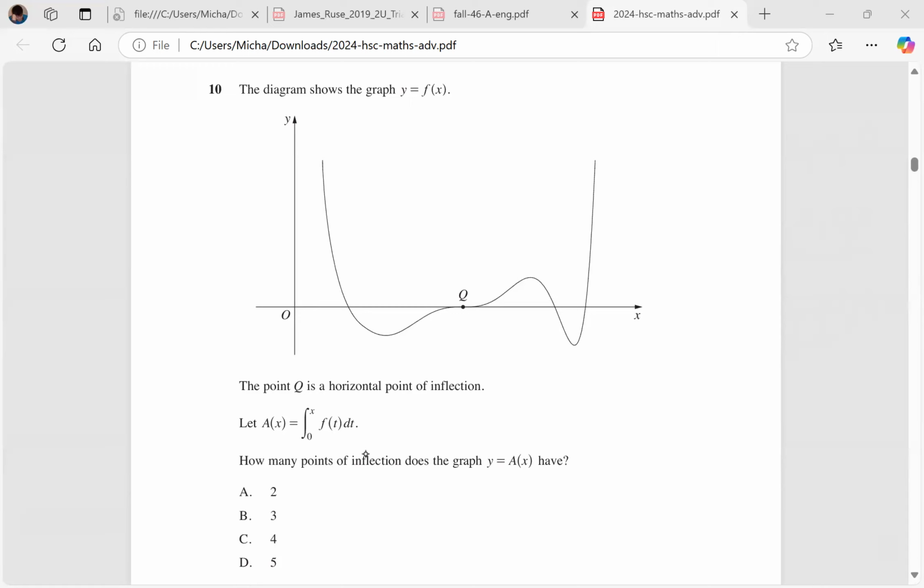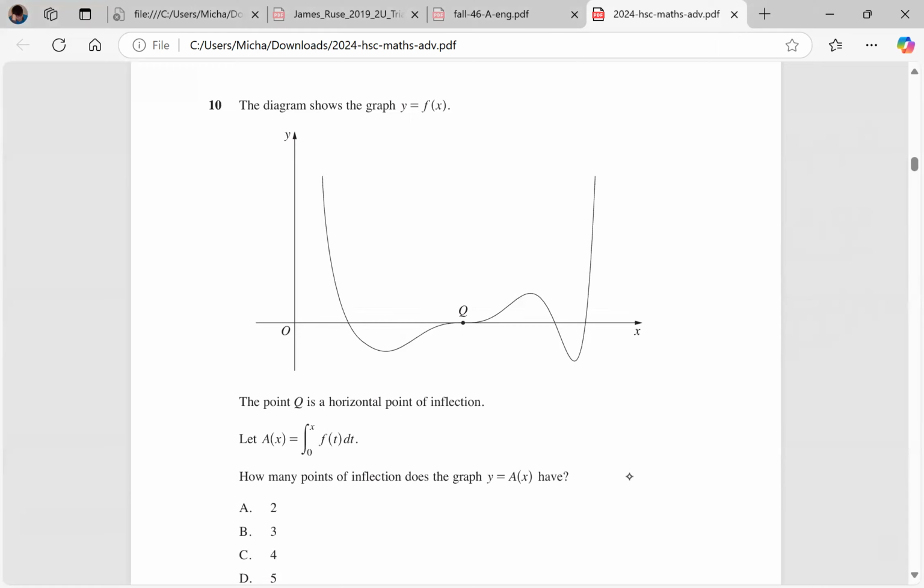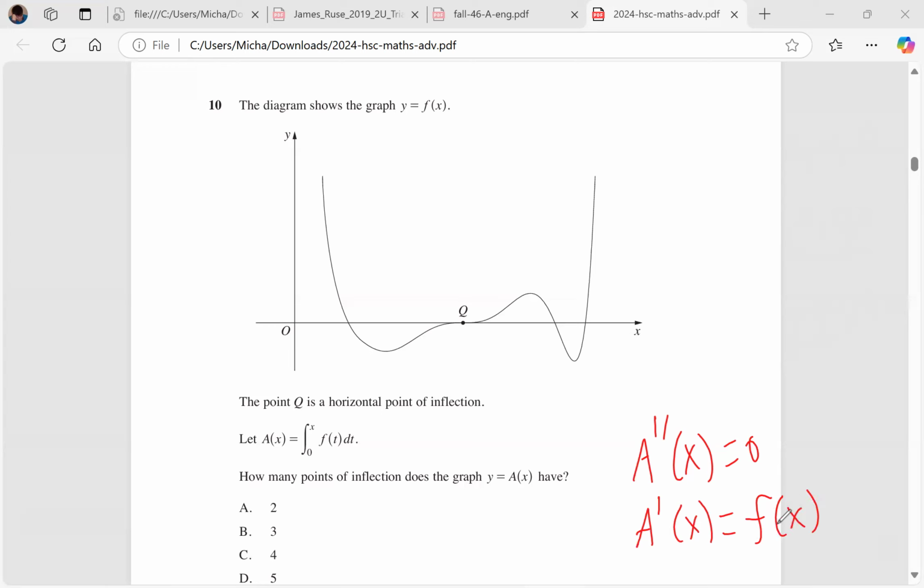So you want the double derivative of A to equal 0. But there's maybe some more conditions. Okay, so the first derivative of A is just equal to F.